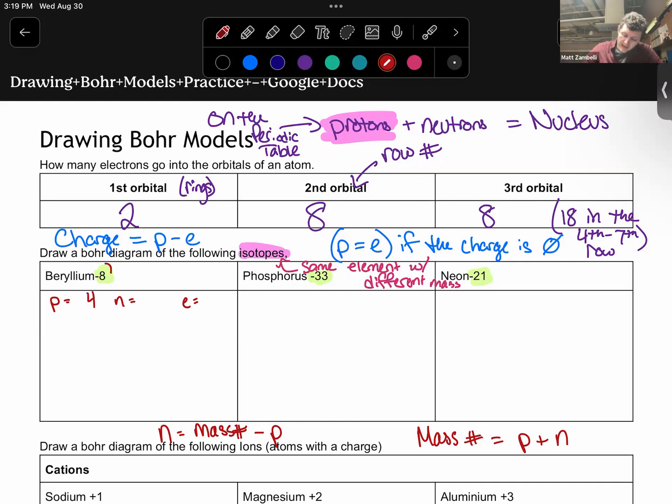This beryllium is the mass 8. So if I take my 8 minus my 4, I'm going to get 4 neutrons. And because our charge is 0 for anything that doesn't tell us, so all of these have a charge of 0, I have 4 electrons. So I have 4 of everything.